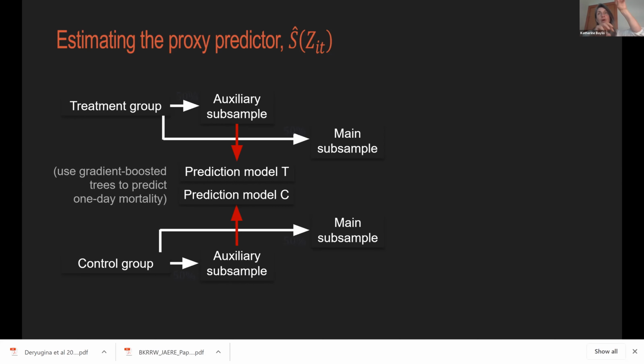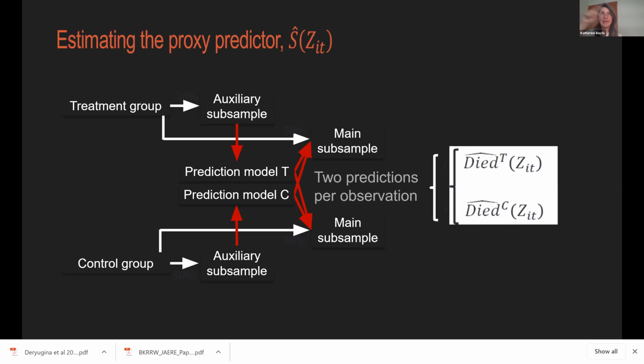You then take those models, apply them to a separate subsample, coming again from the treatment and control groups, to get two predictions per observation. So each observation will get a prediction of their probability of death, given their characteristics, if they were in the treatment group versus if they were in the control group.